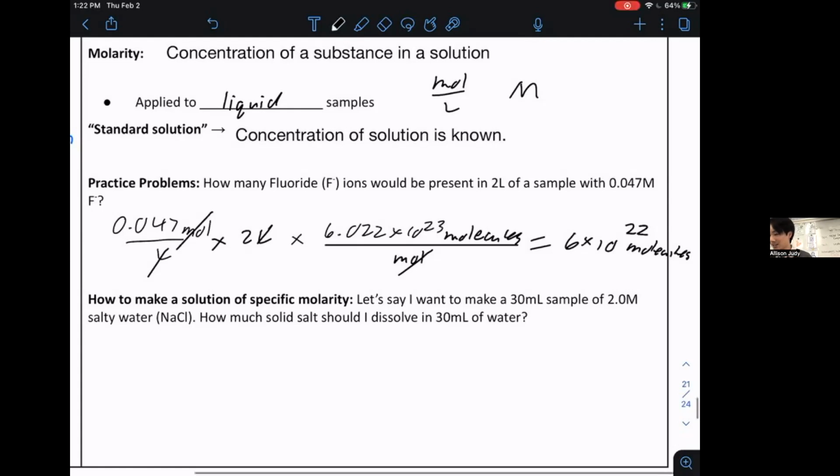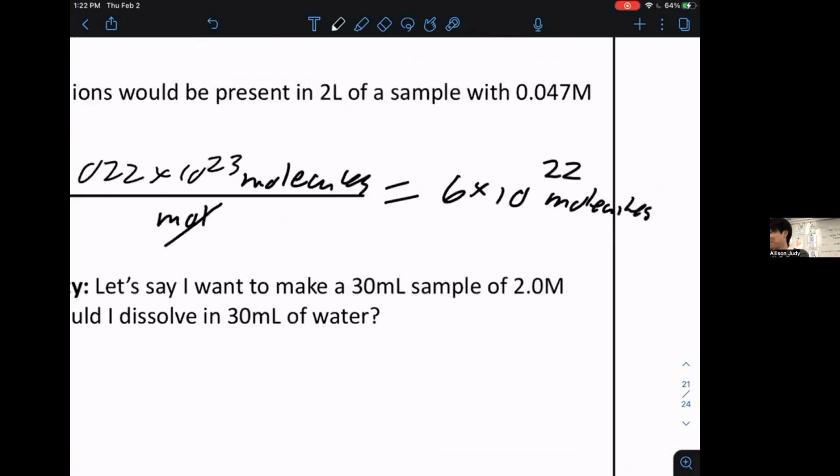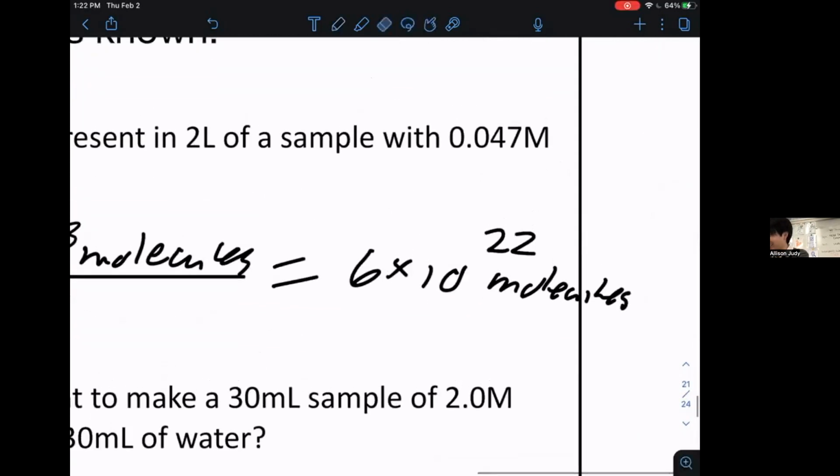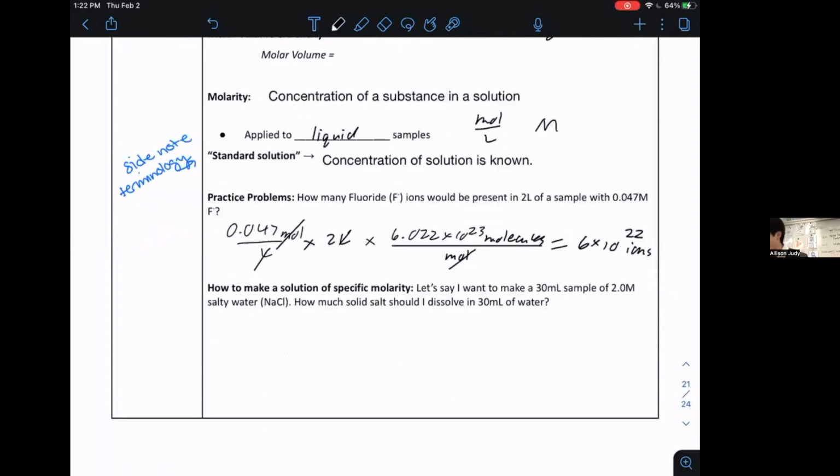So we can do the next one together. Yes, Annalise, question. Ions. You're right, ions. Is there a difference? Molecules are more than 1 ion. Ions are any atom that's charged on its own. Well, they can be molecules too, but you'll learn more about that later.